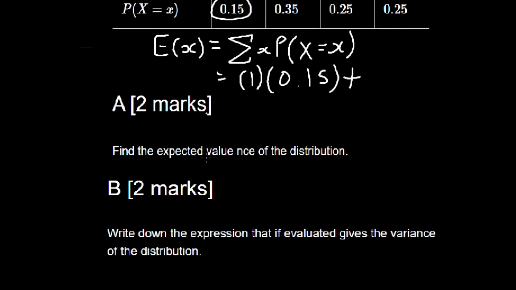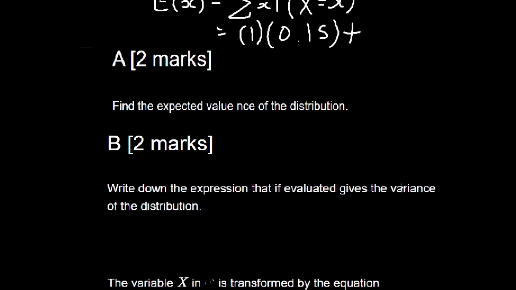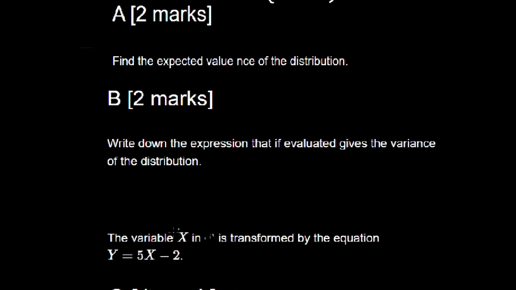Okay, the next is write down the expression, if evaluated, that gives the variance of the distribution, okay? So we've got this thing here, right, where we're getting a variable x, and then we're going to times it by 5. So whatever value it is, we times by 5 and minus by 2. Okay.